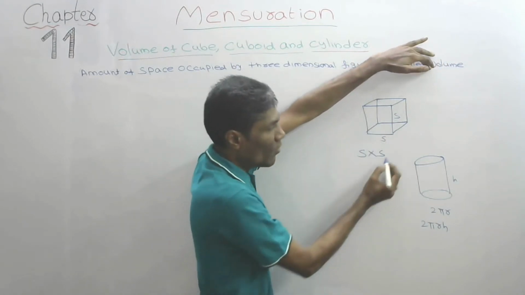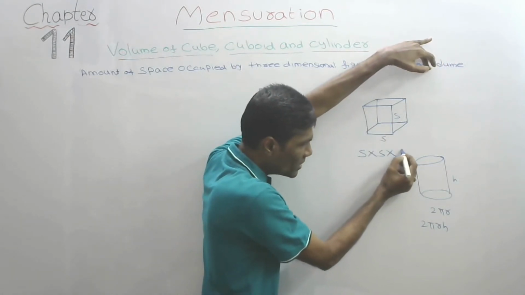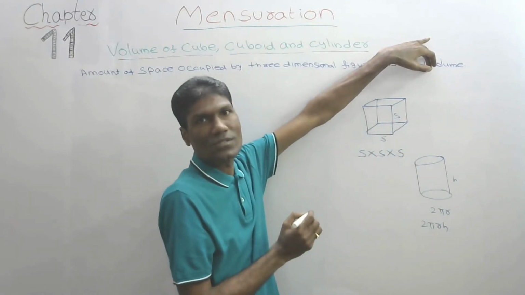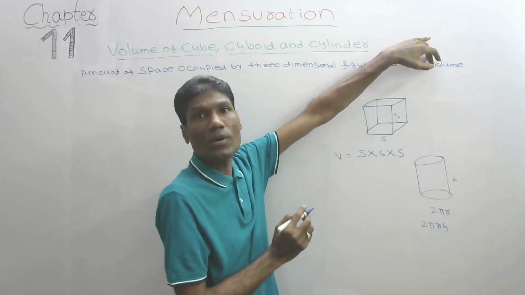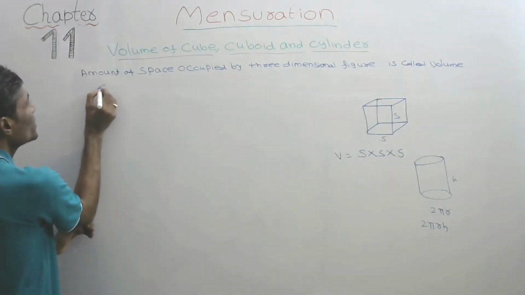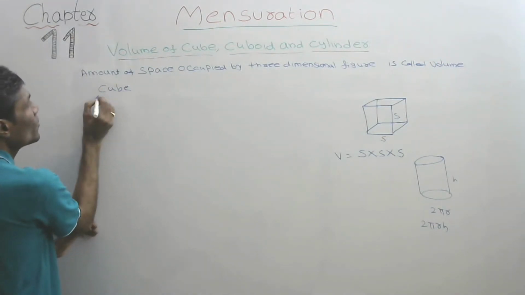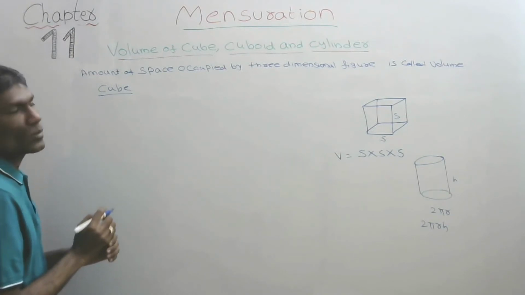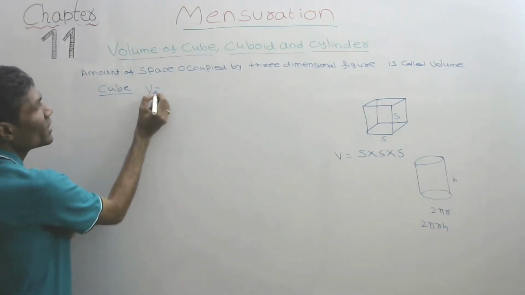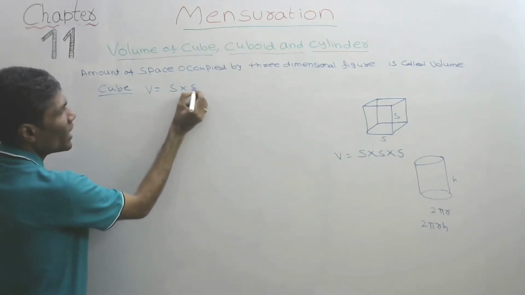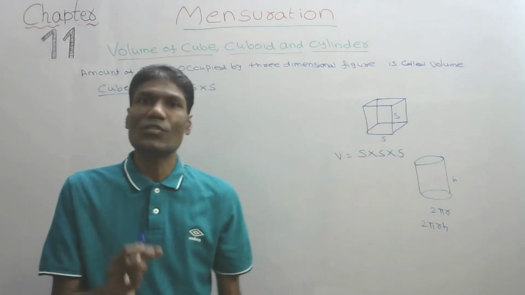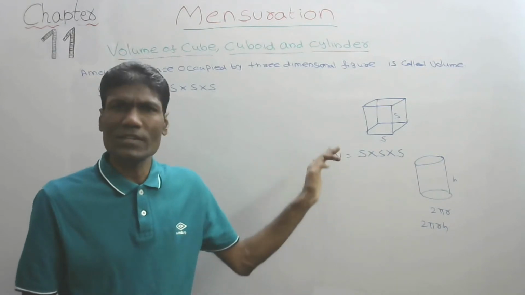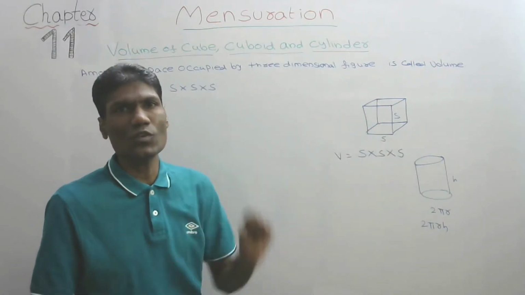So, to get the volume, we will multiply this with S. So, this will become the volume of the cube. For a cube, the volume will be S into S into S, where S is the length of any side. All three sides are equal in case of a cube.